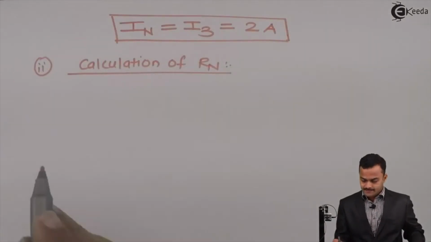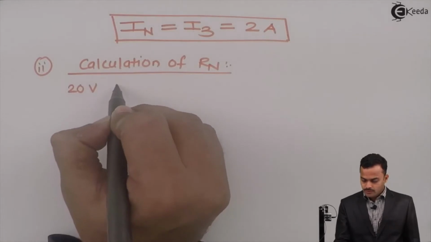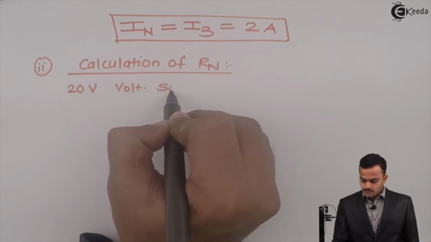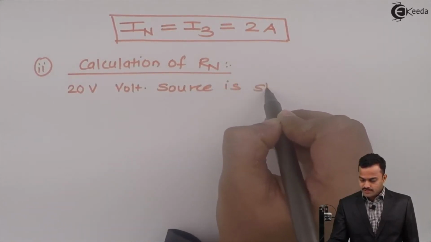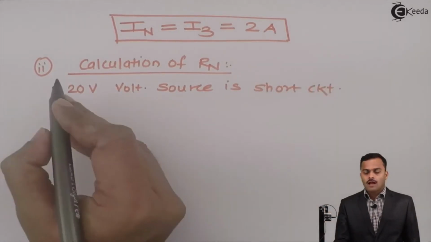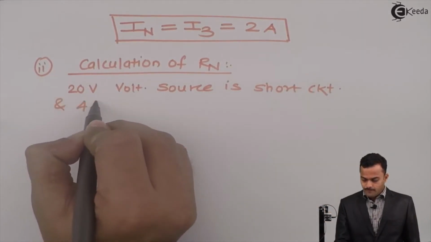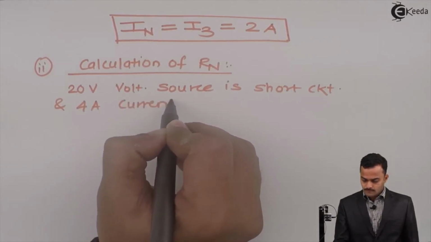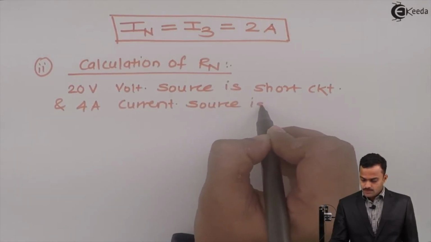Hence I can say the 20 volt voltage source is short circuited and the 4 ampere current source is open circuited.